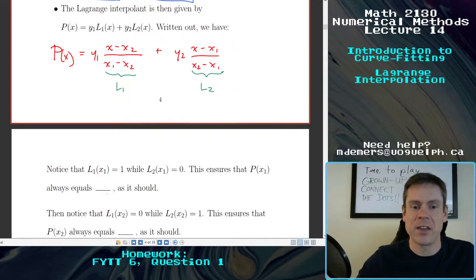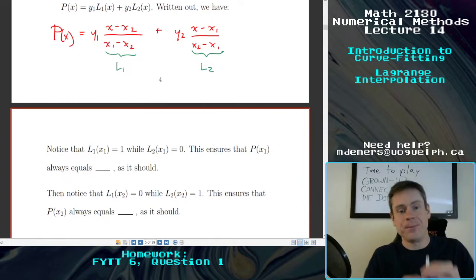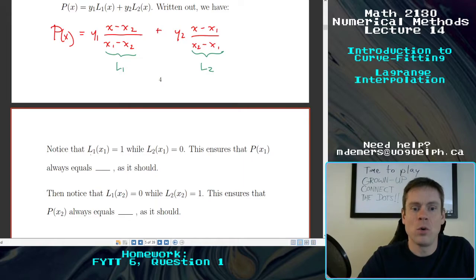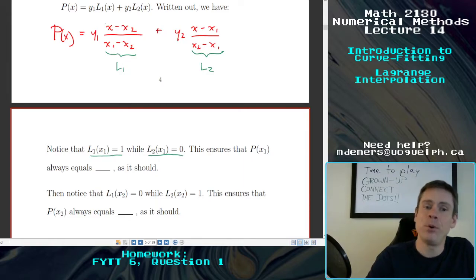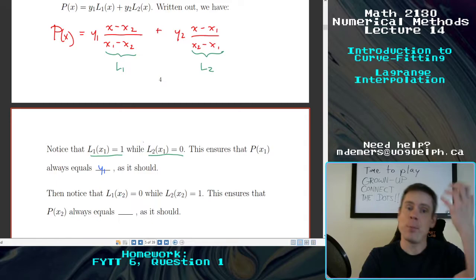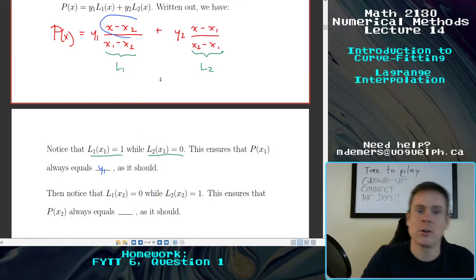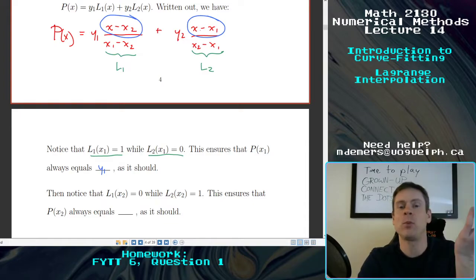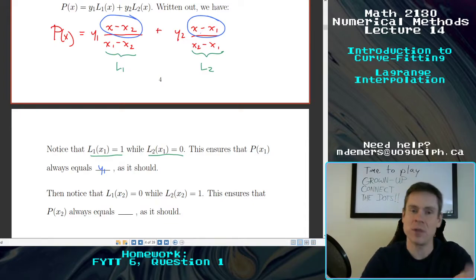Let's fill in some blanks on the next page. We see that L1 of x1 is equal to 1, while L2 of x1 is equal to 0. That makes sure that p of x1 always yields y1, which is what we need. Similarly, when I put in x2, I get a 0 here, and an x2 minus x1 there, so the second ratio gives me 1.